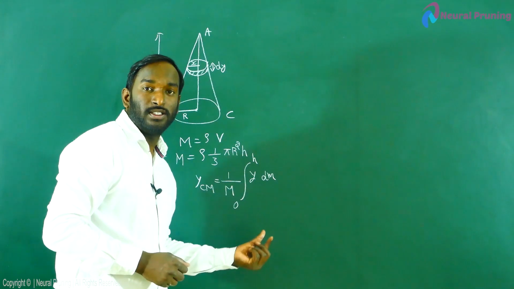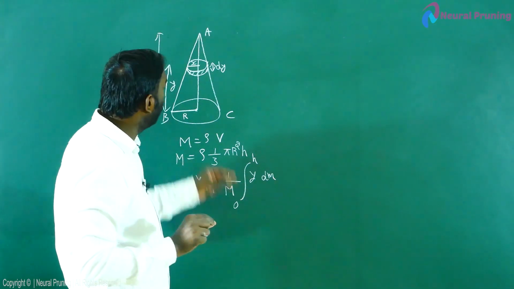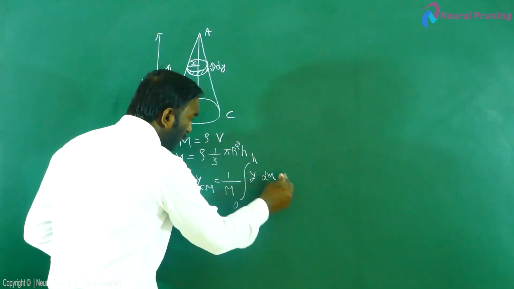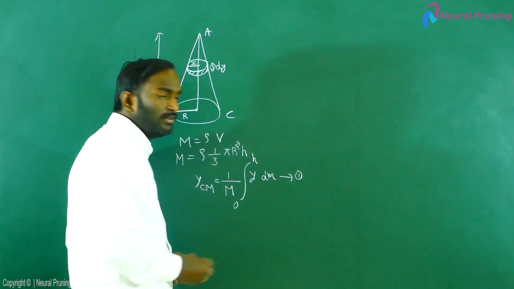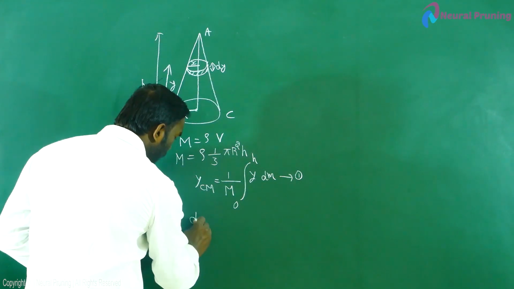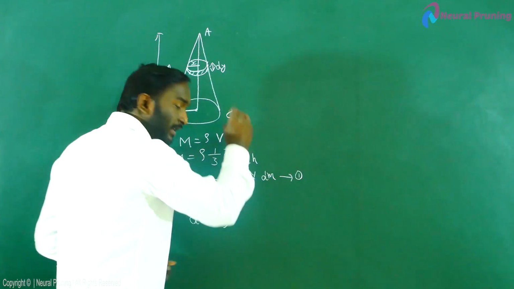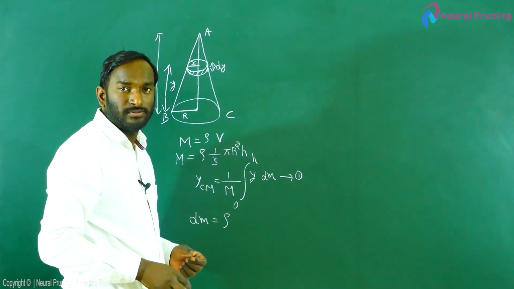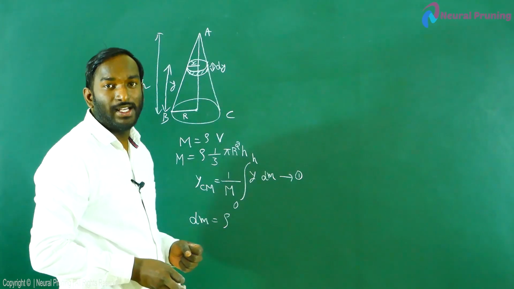Find the dm. Dm is mass of the small elementary disk. How to find the dm? So it's equation number 1, and dm is equal to density into volume of this elementary disk. How to find the volume of the elementary disk?